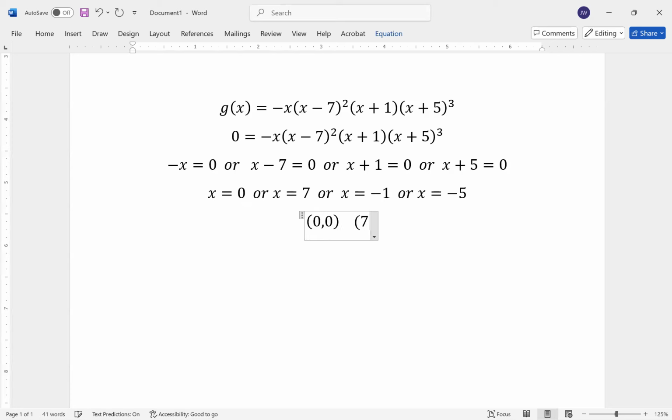The other is going to be 7, 0. The other is going to be negative 1, 0. And then lastly, we'll get negative 5, 0. This shows that g of x is going to have 4 x-intercepts. It's going to hit the x-axis at 4 different points.